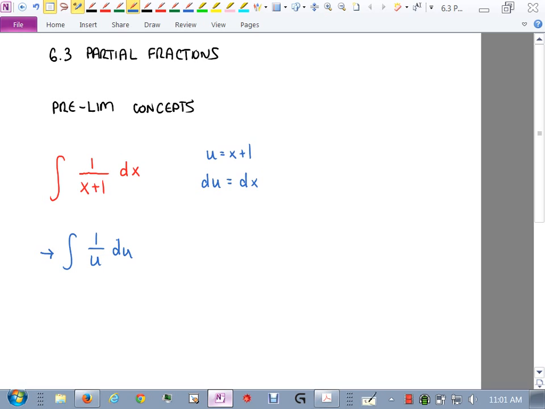Correct? The antiderivative of 1 over u is natural log of the absolute value of u, plus a constant. But what was u in the problem? x plus 1, right? So what we should be able to do today is, if we see something like this, not have to go through all these steps and just be able to say, oh, that's just natural log of x plus 1, right?